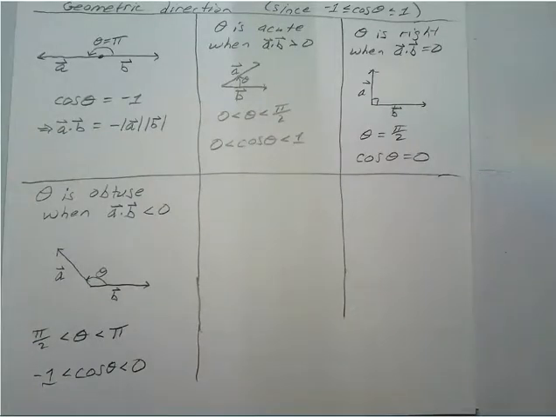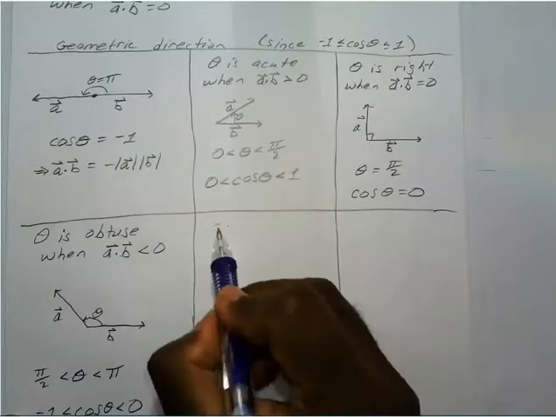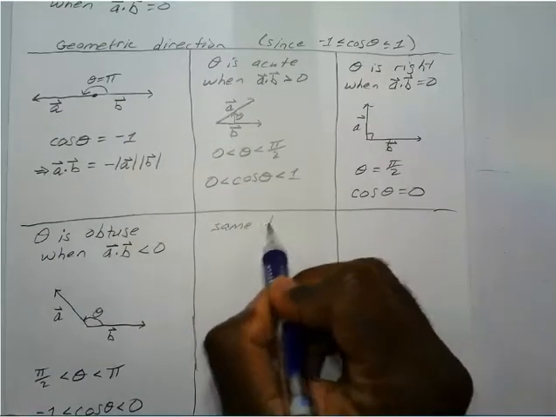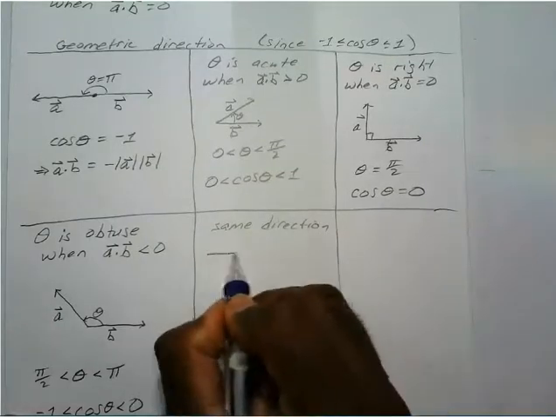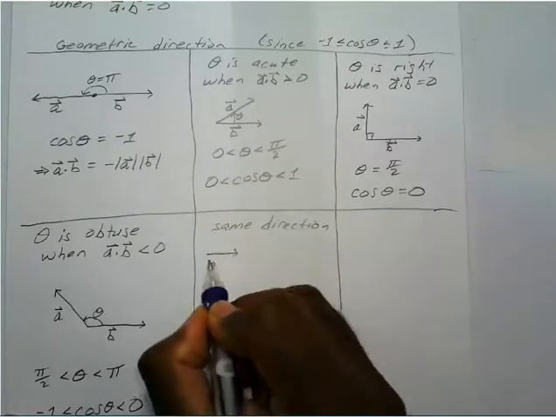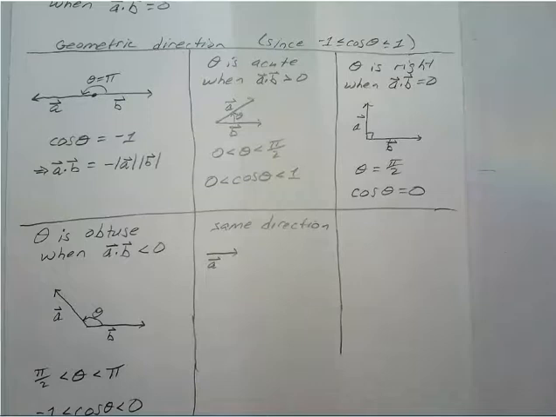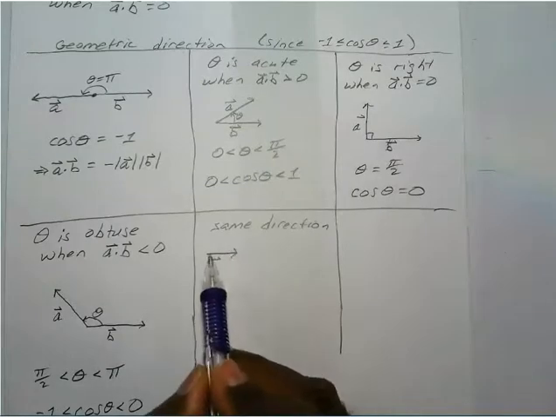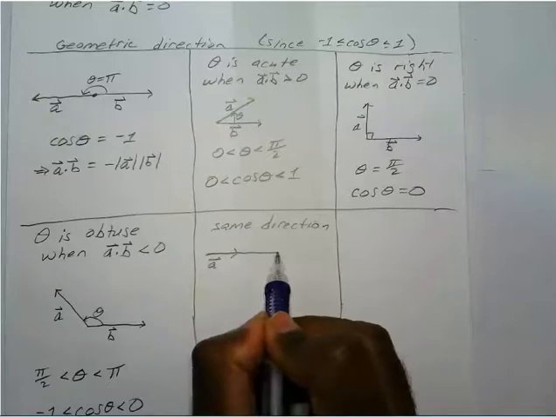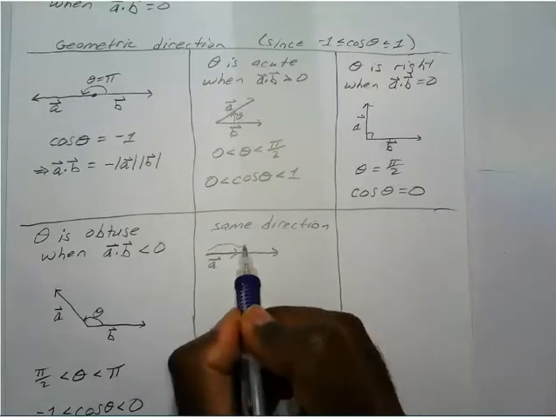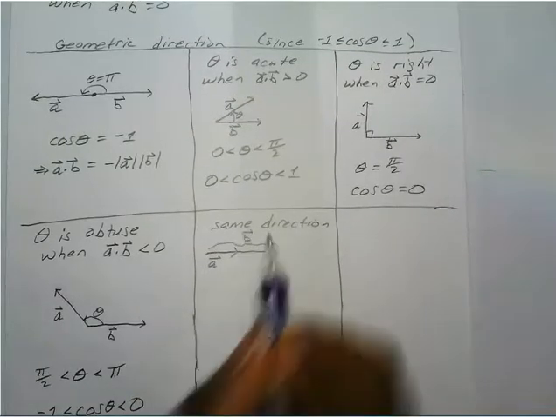Okay, now if they're in the same direction, so if you have your a vector and the b vector is really just a multiple of the a vector, so it's the same length plus some. So this whole thing here is your b vector.